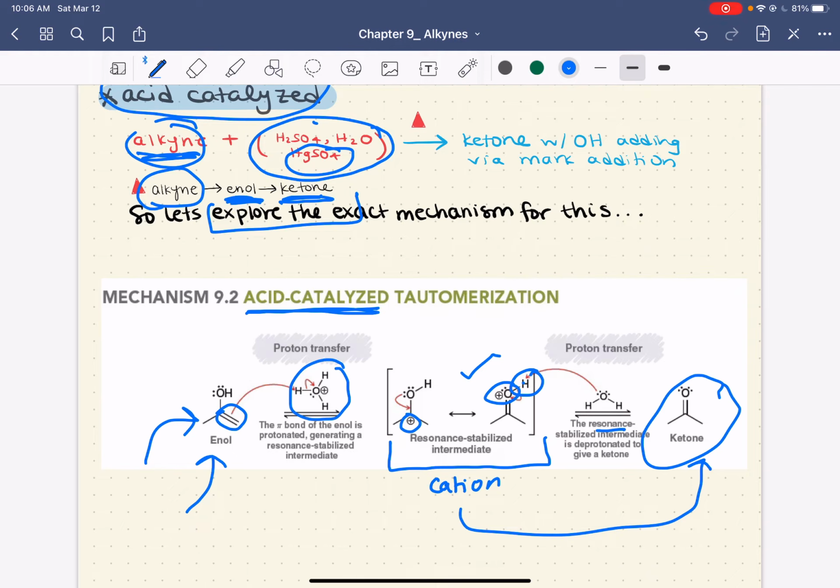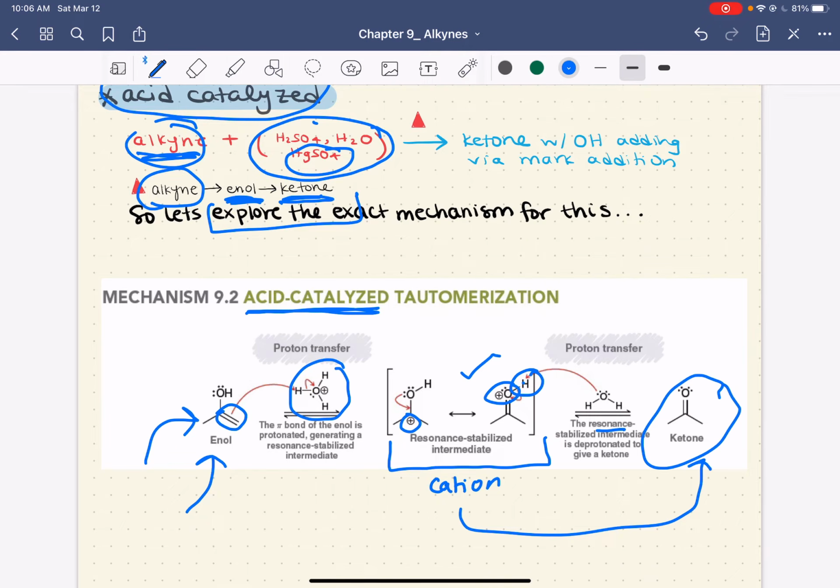The enol and ketone, just as a friendly reminder, because we've done tautomerization before, are said to be tautomers. They are constitutional isomers that rapidly interconvert through what? What did we see in this mechanism? Through the migration of a proton. This tautomerization is important, and ultimately the ketone is the highly favored result of this keto-enol tautomerization.